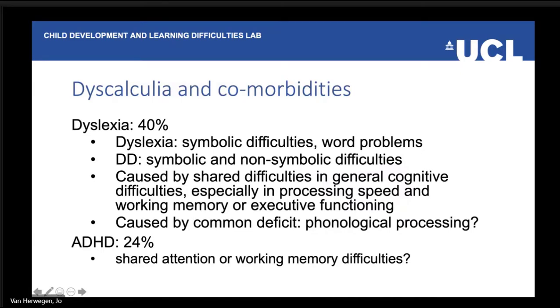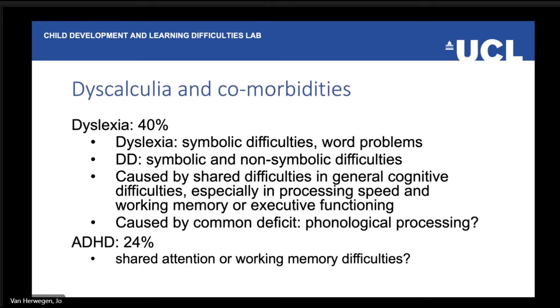Also, you can have comorbidities. So we know that 40% of children with developmental dyscalculia also have a diagnosis for dyslexia. And one of the reasons why this might co-occur so frequently is that there might be a common deficit in terms of processing speed and working memory and executive functioning, as I mentioned before, and might relate also to phonological processing, because you also need that for mathematical development.